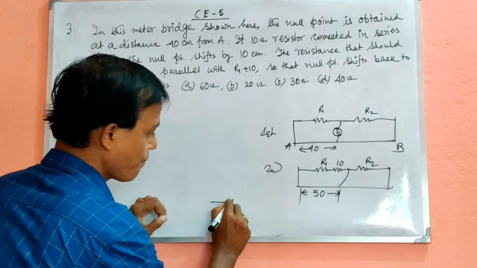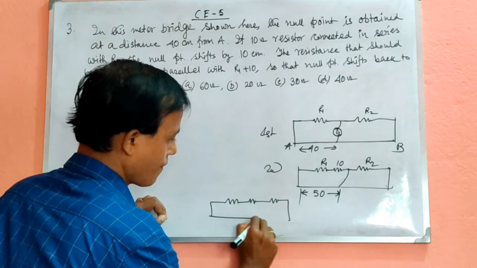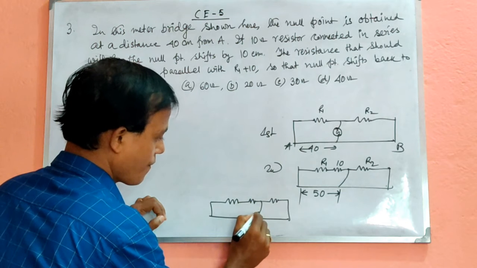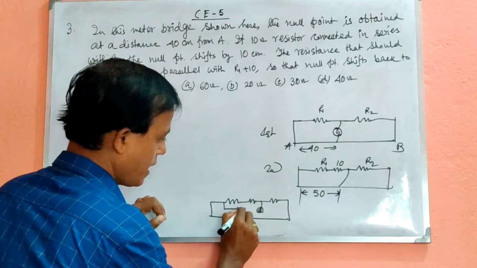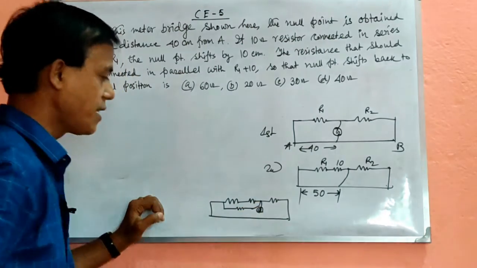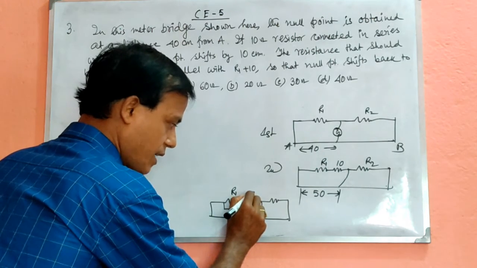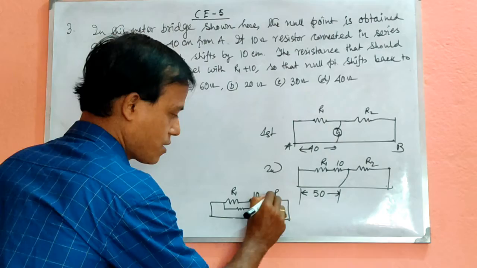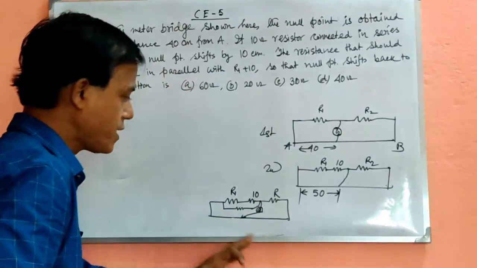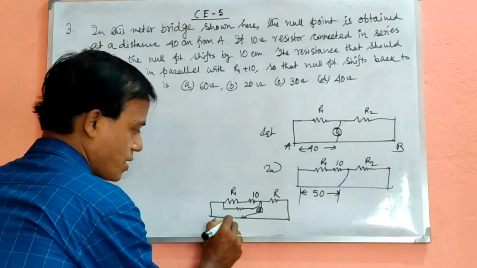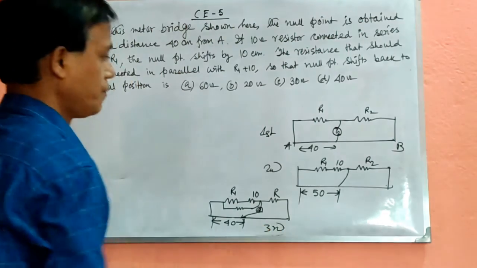Here another resistance is connected in parallel with R1 plus 10, that is R2, this is the galvanometer, and the null point shifts to its initial position, which means 40. This is the third case.